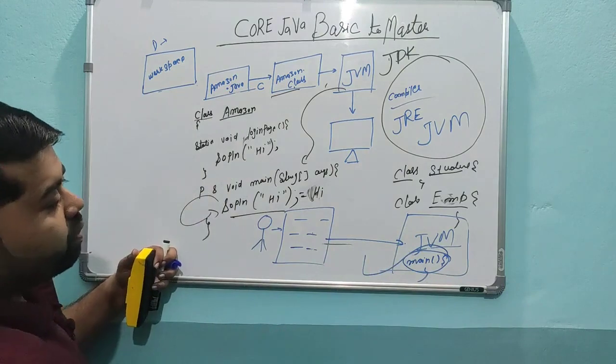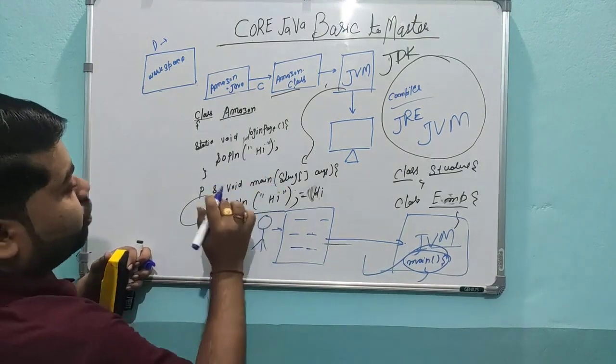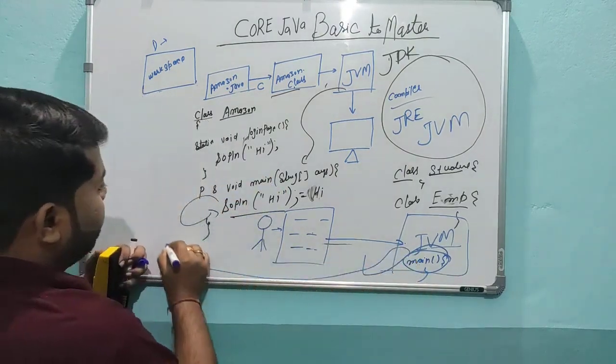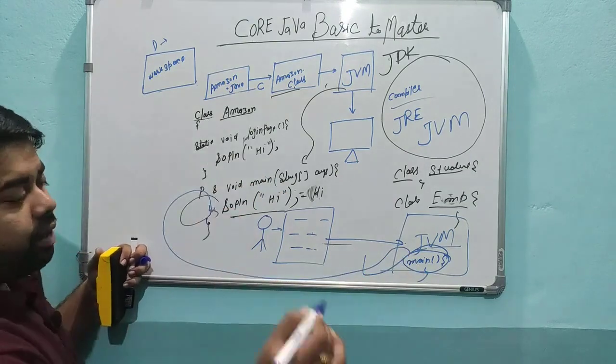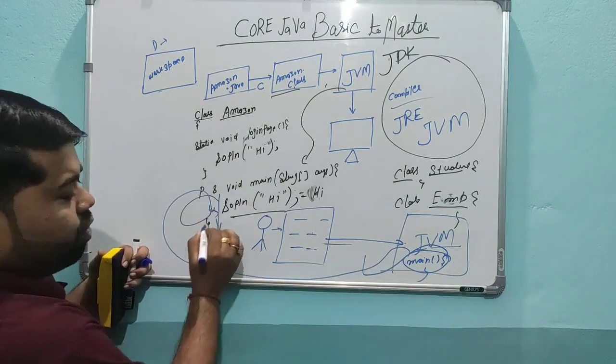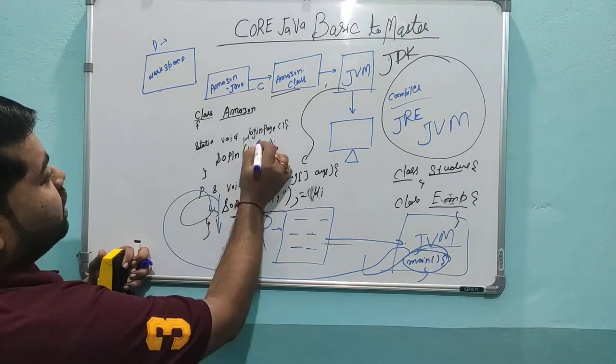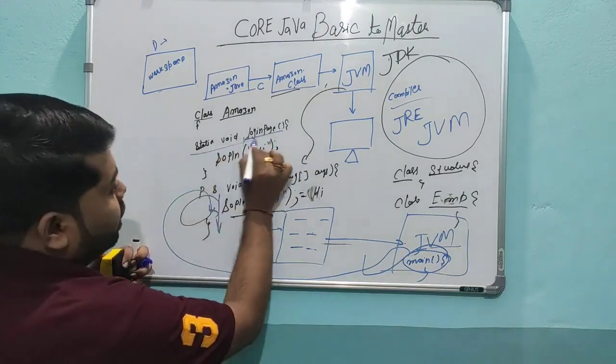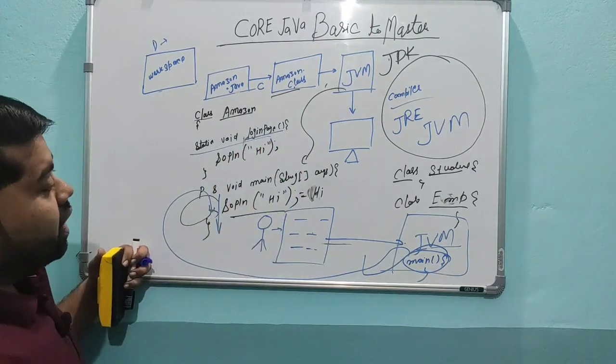When you execute your code, the control will come inside the main method and it will execute from top to bottom. The user defined method won't be executed. We will discuss it in the coming session.